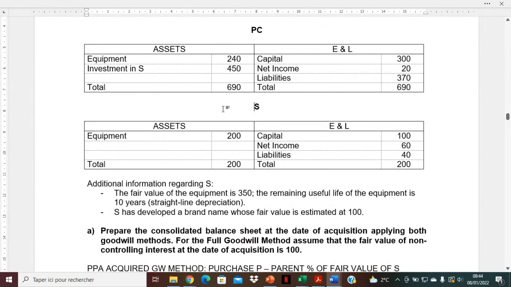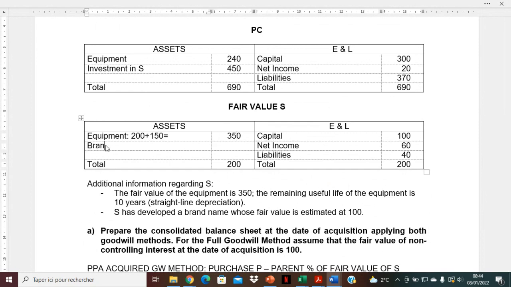That means now, as before, we need to set up the fair value of S balance sheet. Well, we do the same as before. I have an original equipment value of 200, but now the fair value is 350, and therefore I need to increase that.